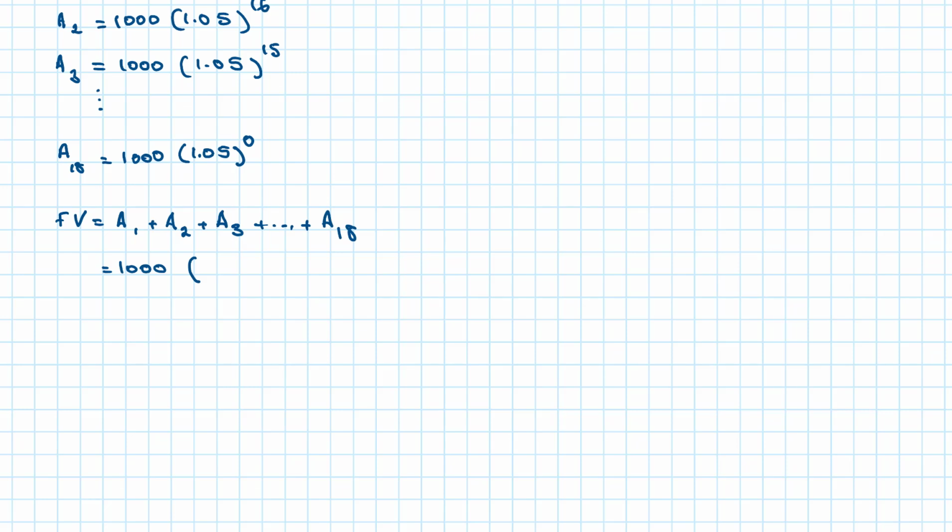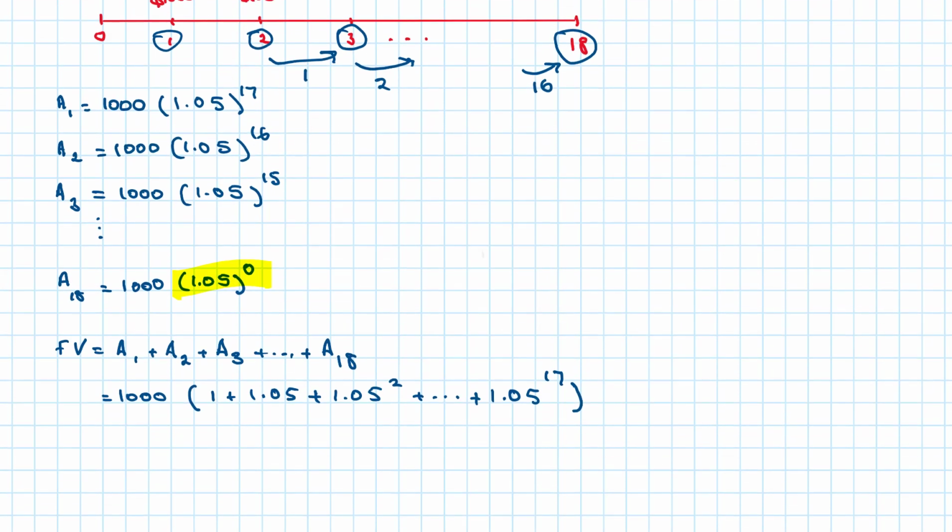And then we've got 1.05 to the power of 0 here, which is just 1. And then 1.05 to the power of 1, 1.05 to the power of 2, all the way to 1.05 to the power of 17, which was my amount 1.